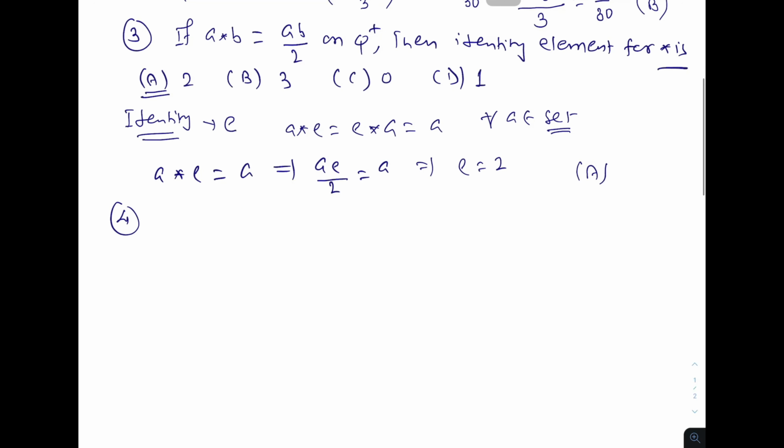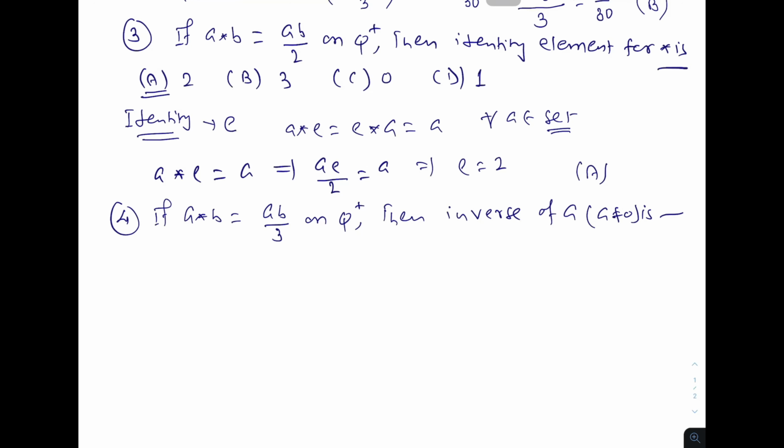Next, if a star b equals ab by 3 on Q plus, then the question is: the inverse of A is blank.